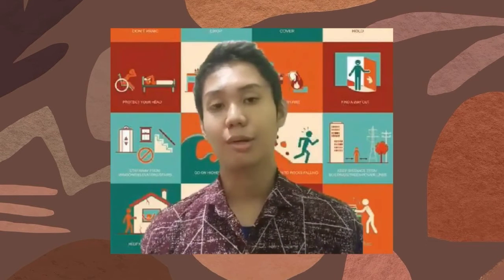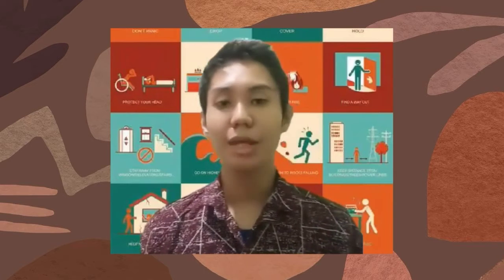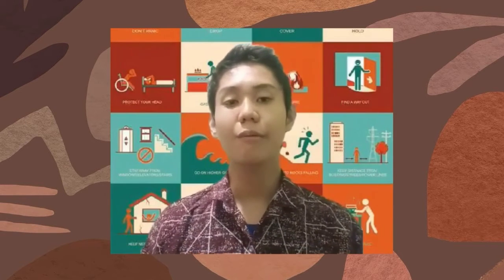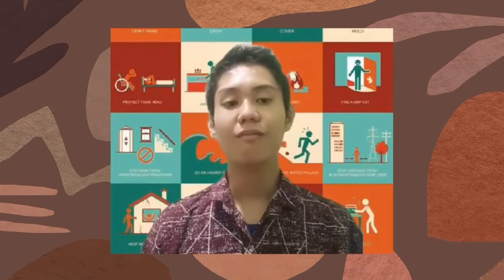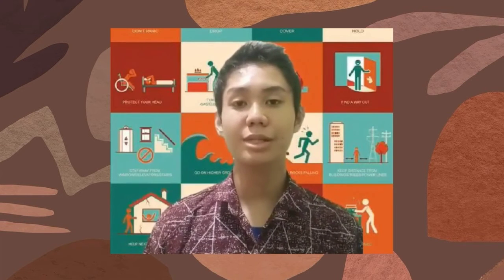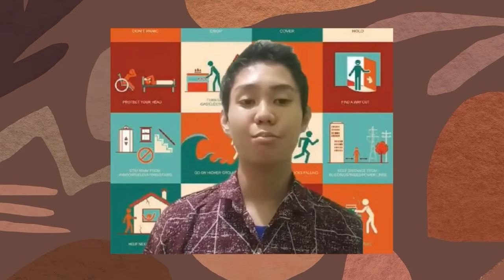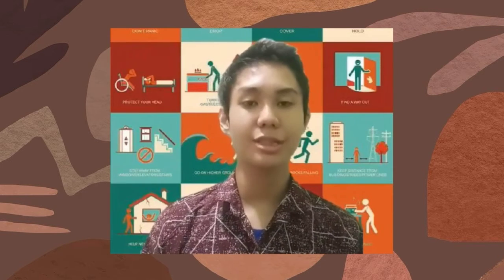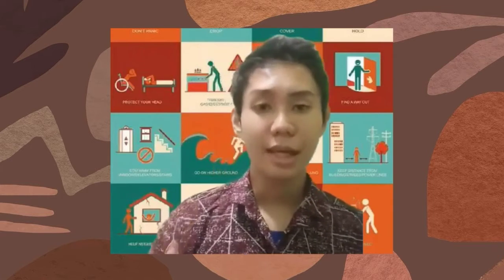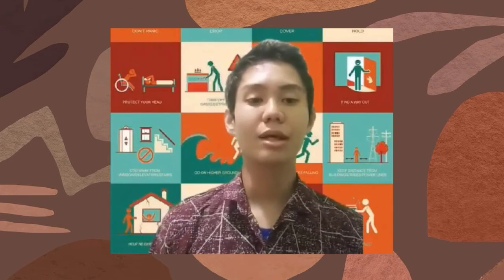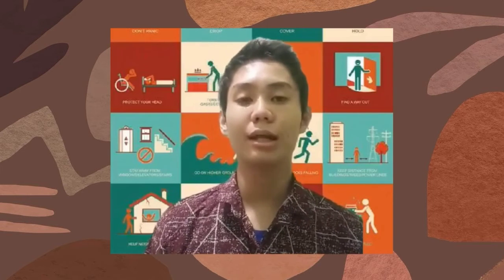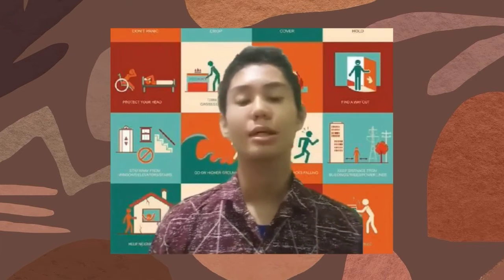So before an earthquake, first, make sure you have a fire extinguisher, a first aid kit, a battery-powered radio, a flashlight, and extra batteries at home. This is important for emergencies and also when power outages occur. Second, learn basic first aid like CPR and handling wounds and injuries.